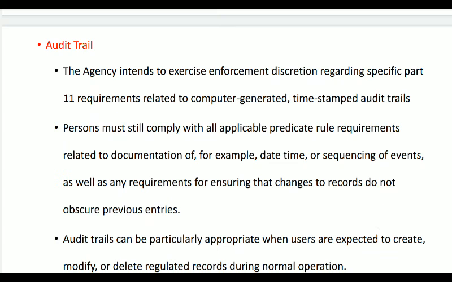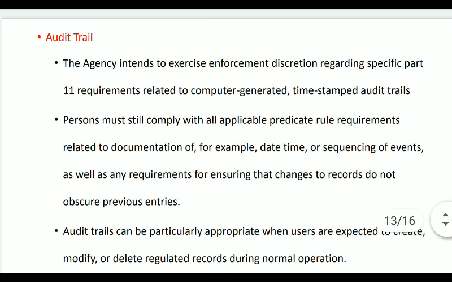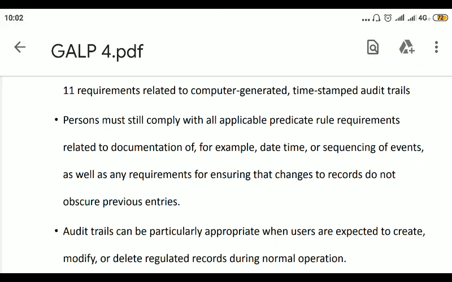Audit trail. First you have to understand what is the meaning of audit trail. Audit trails are nothing but a step by step process of completing the entire audit, and each step we have to document properly so that we can trace back to a particular step. That is called trail.